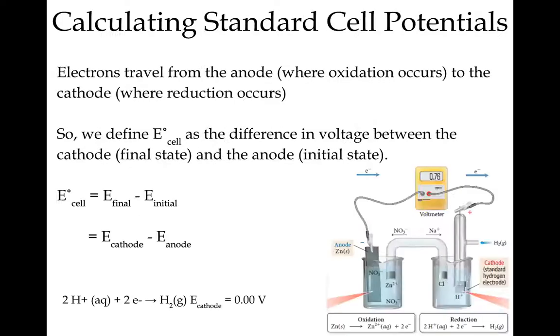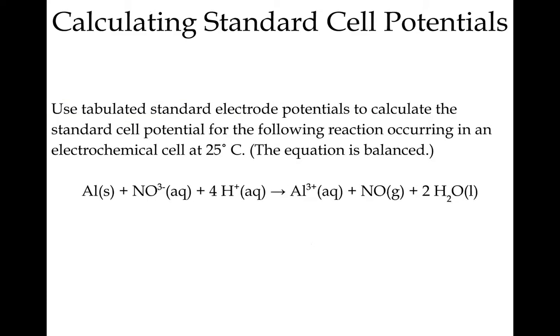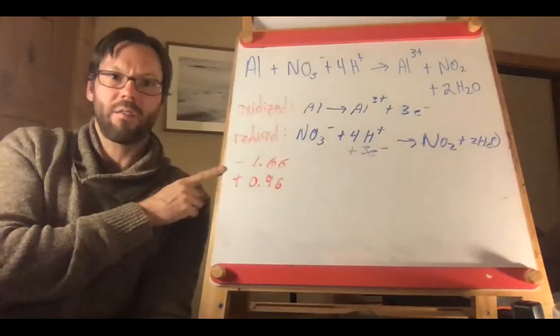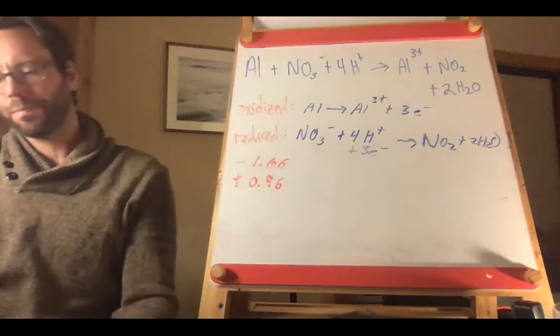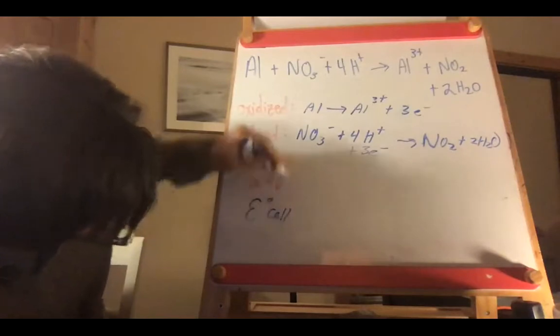Let's go back to our reaction. This one. Yes. Okay. So what is our anode? It's the oxidation reaction. Our cathode is the reduction reaction. Okay. So I wrote down these values here, negative 1.66 and positive 0.96. And so what does E cell equal?